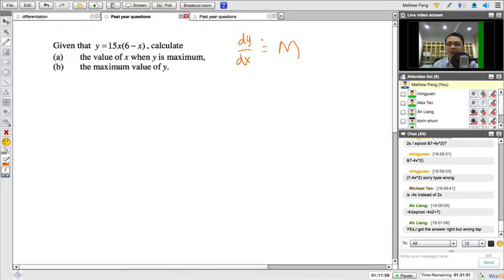Alright, something you should have learned in Form 4 quadratic: if you have a curve, at the maximum here, we know the gradient will equal 0. Whatever the condition is like this, your gradient will equal 0. If you get a maximum, it will equal 0. If you get a minimum, it will equal 0.